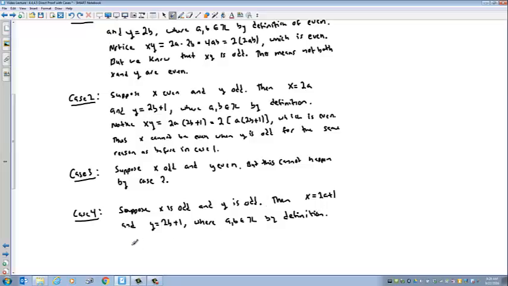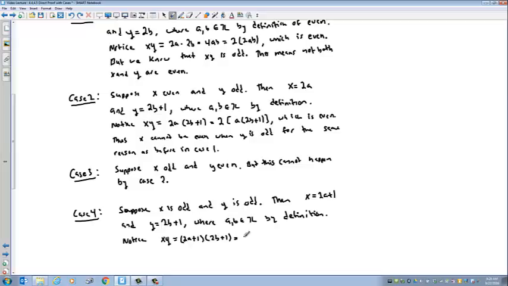And then what would you want to do? You want to notice, so notice what? Notice x times y is equal to what? Is equal to (2a plus 1) times (2b plus 1), which is equal to what?